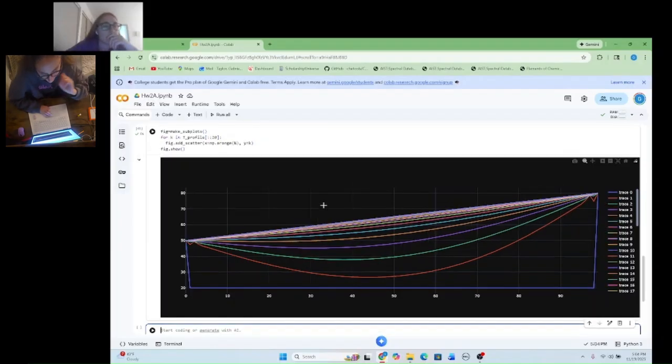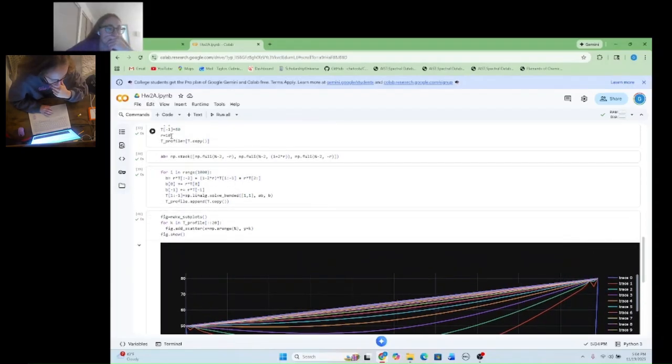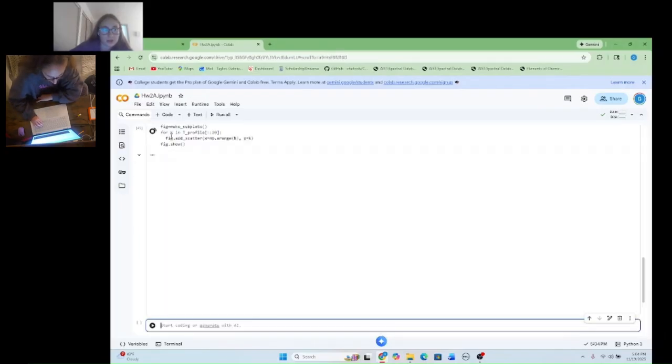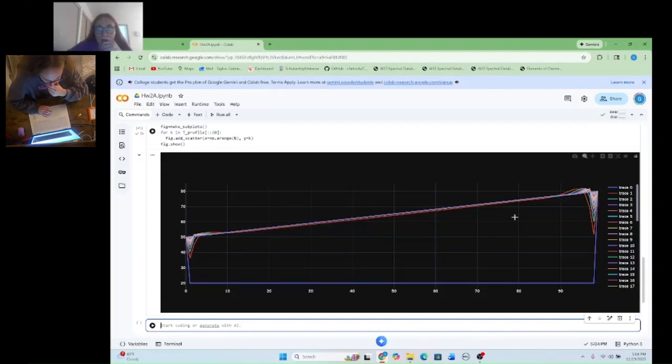Okay, so we have R at 10. Let's try R at 100. So R at 100, you see these squiggle lines are having some instability, but not crazy instability compared to what we did in part A when we had a high R value. So there are some discrepancies.